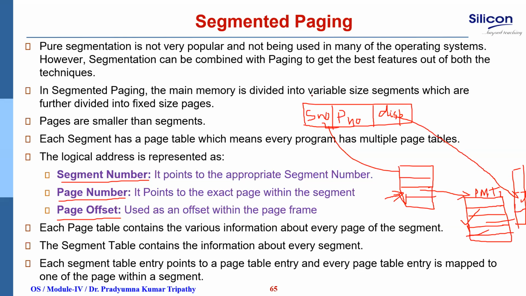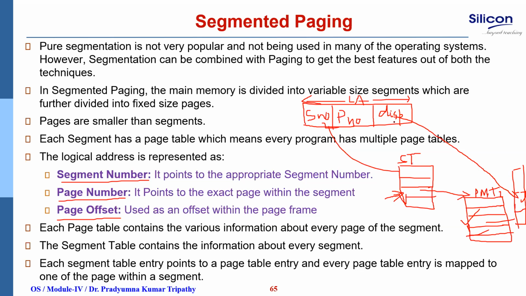So now the processor generates the logical address, which has 3 parts: segment number, page number, and displacement. Using the segment number, it is searched in the segment map table, or segment table. From the segment table, the corresponding entry takes it to the PMT, the page map table.